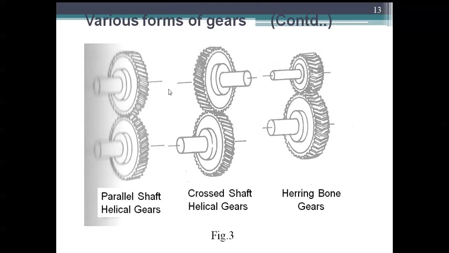So next one is helical gears. Helical gears are almost the same as spur gears, but they have inclined teeth for uniform and silent teeth meshing.